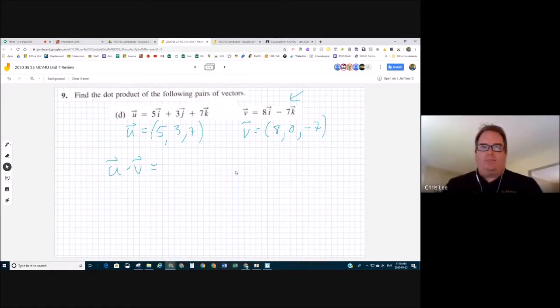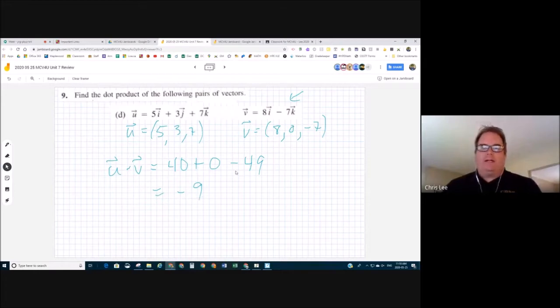Remember that dot product produces a scalar quantity, an actual size, whereas cross product produces a brand new vector. So we multiply the x's, the y's, and the z's, and add them, as opposed to the cross product where we would get a new vector. So here it's 8 times 5, which is 40, plus 3 times 0, which is 0, and 7 times negative 7 is negative 49. Adding those together, you get negative 9.